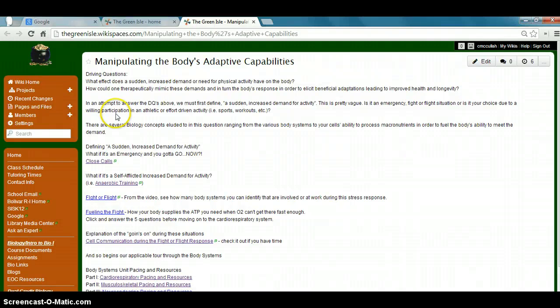what it's saying. But like it says here, in an attempt to answer the driving questions above, we must first define what is a sudden increased demand for activity. It's pretty vague. Could be self-inflicted in an exercise or training or sport situation, or it could be a completely unforeseen situation where you're being chased by a bear or some sort of emergency.